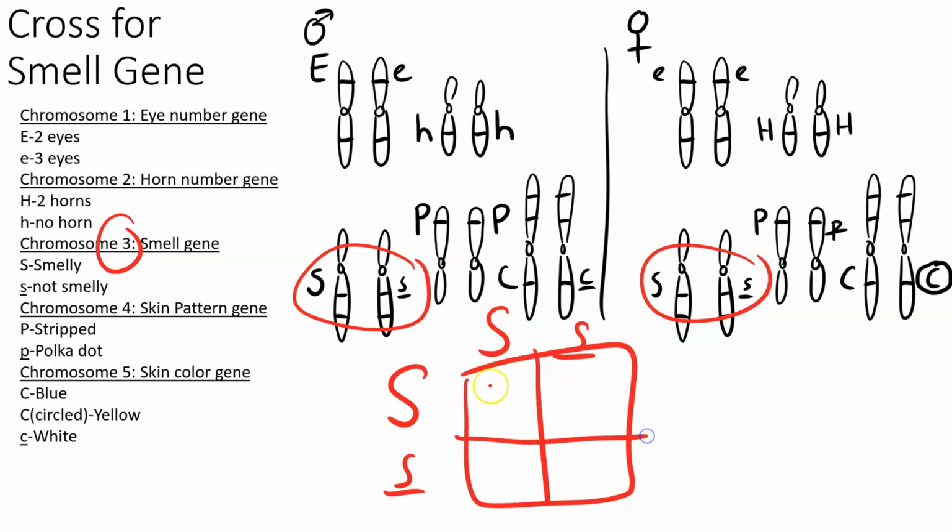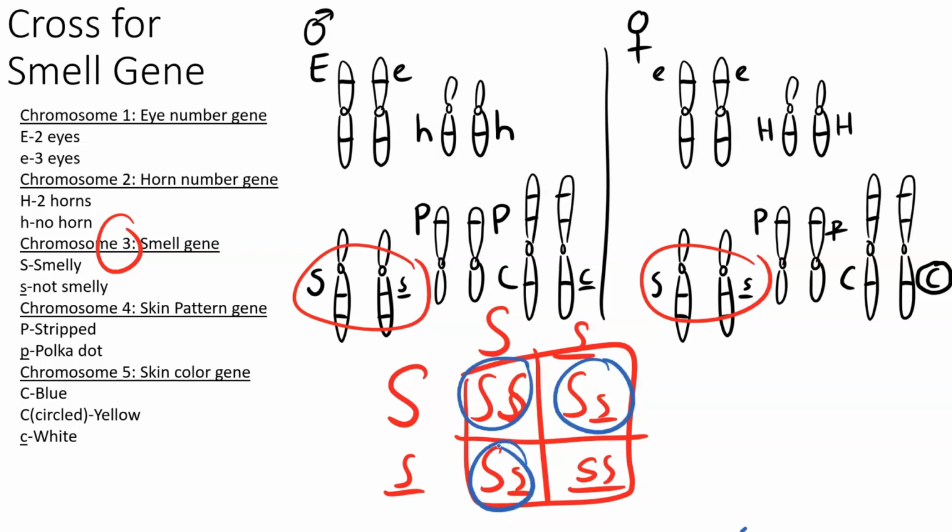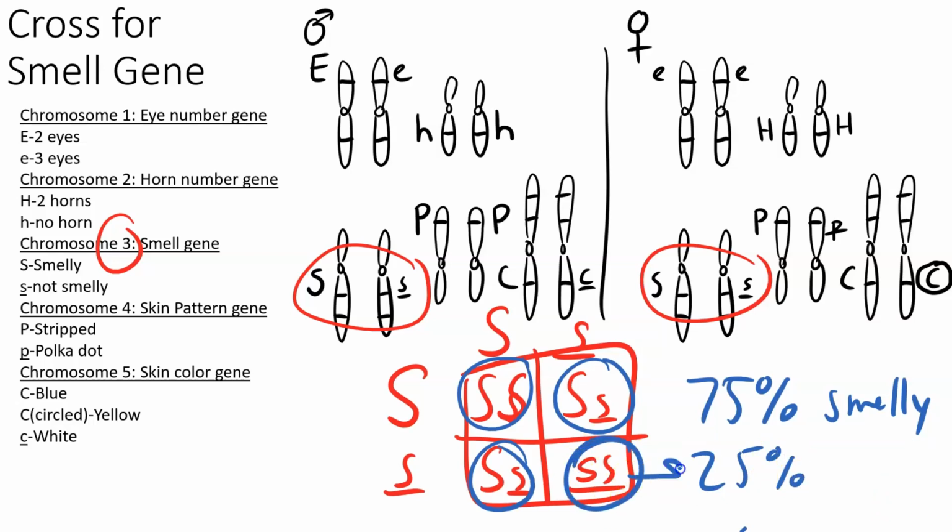And this is one of your more conventional Punnett squares. So 75%, that is to say this one, and this one will have at least one dominant capital S allele. So 75% would be smelly, like their parents, and that lucky, I guess, 25% shown right here would not have a smell.